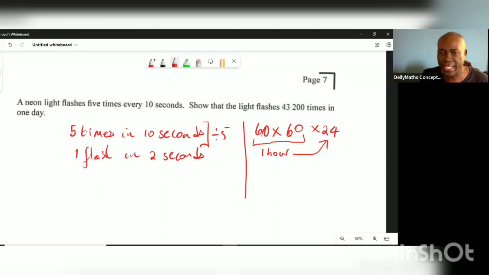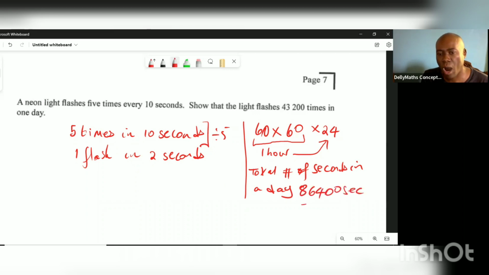So we're talking about 60 times 24, and this is landing us 86,400 seconds in one day.